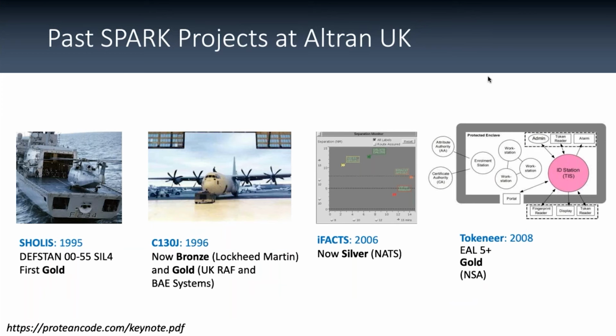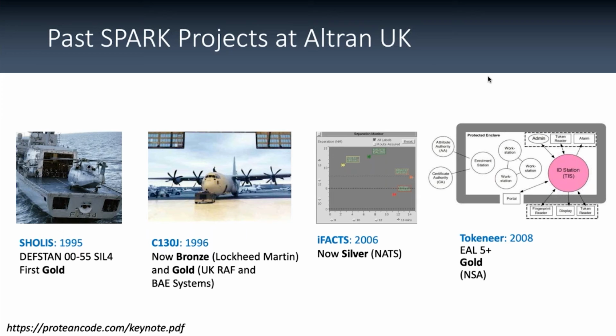So examples of use at Altran over the years are, for example, this Sholis project, ship helicopter operational landing information system, which was proved at gold level because there was some proof that the helicopter properly aligns with the boats at sea. The level can move up.